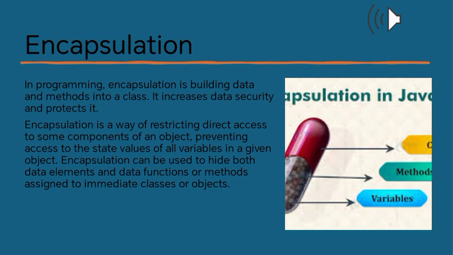Encapsulation is the way of restricting direct access to some components of an object, preventing access to the state value of all variables in a given object. Encapsulation can be used to hide both data elements and data functions or methods associated with a class or object.